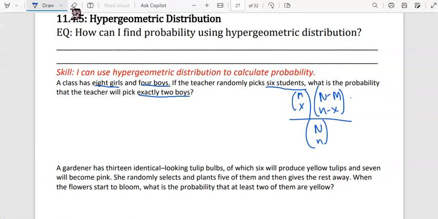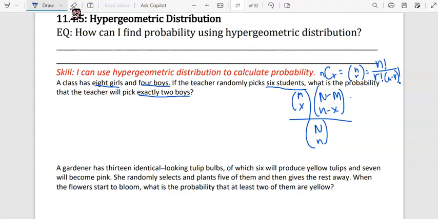This notation right here is for combinations. So recall from before, nCr is n choose r. It also could be written out as n factorial over r factorial times n minus r factorial.